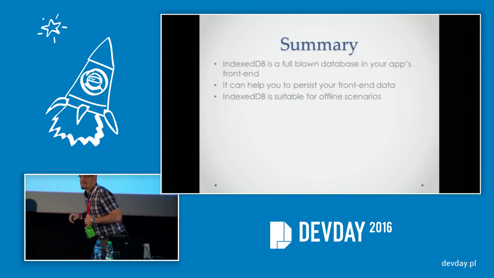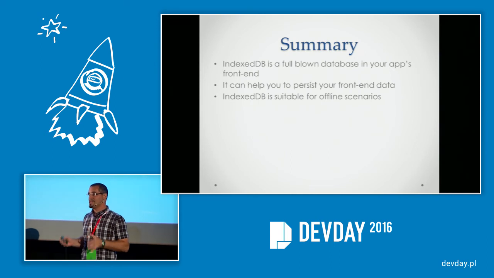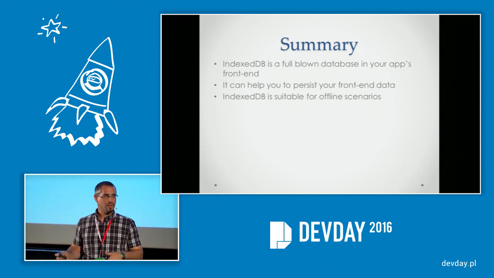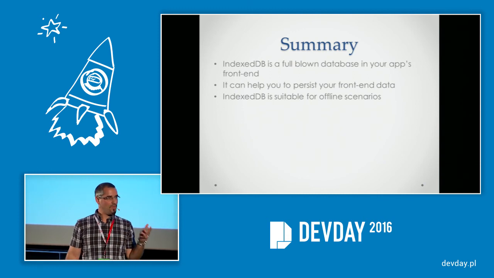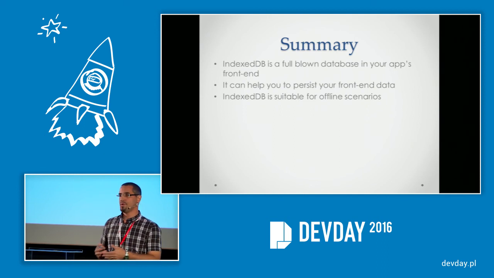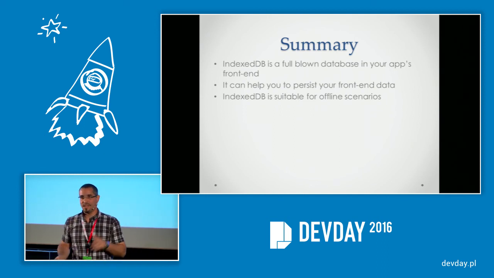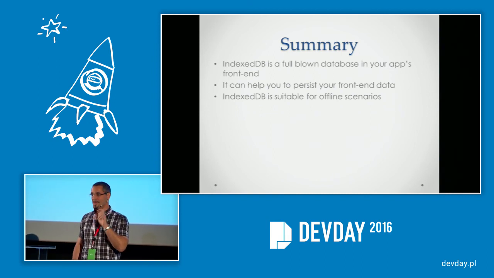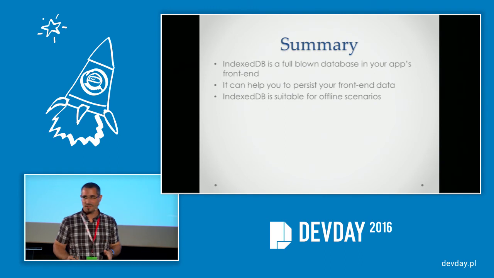Let's summarize. So you learned about IndexedDB, which is a full-blown index database on your client side. It really helps you to support offline scenarios and mobile scenarios in order to store some data in the client. One caveat, though, is don't put secured things inside of IndexedDB, please. Everything is not private, it's public. You can see it in your developer tools and so on.